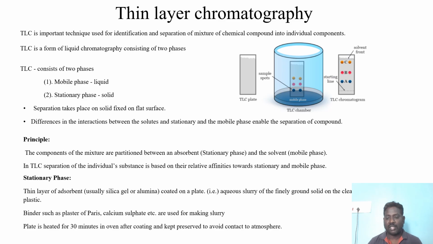To make a slurry, we use different types of binder, for example plaster of Paris. Either plaster of Paris or calcium sulfate can be used for making the active solid into a slurry.